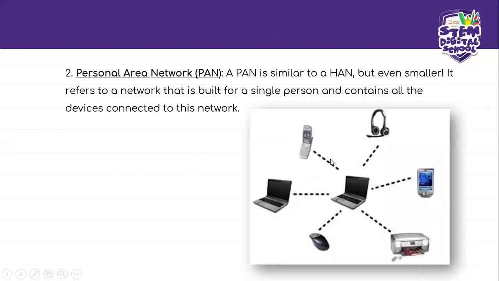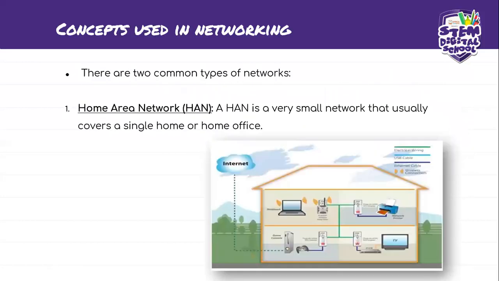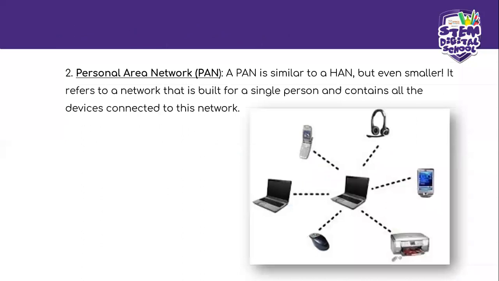Okay, sorry. Yes. Now I want to find out the difference between the personal area network. It's simple. A personal area network is similar to the home area network, but then this one is smaller.